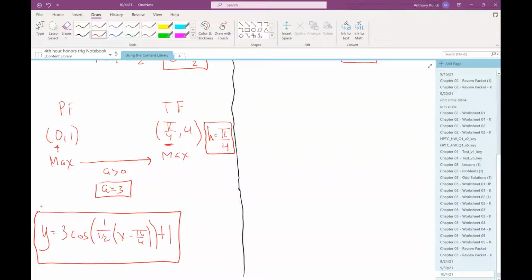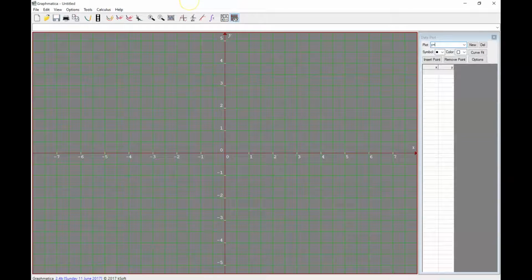And then since that is a maximum, if you look at the graph of cosine, there's 0, 1. So it's a maximum, it's a high point.